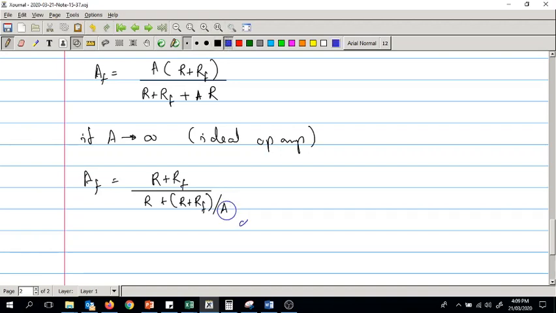The moment A is infinite, this term becomes 0, so this becomes R plus RF over R, so it is 1 plus RF over R, right? So this is what we actually got from the fundamentals.